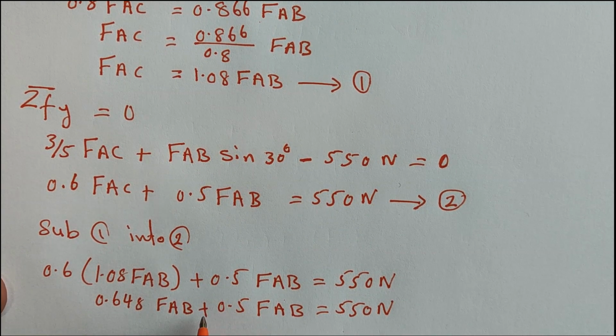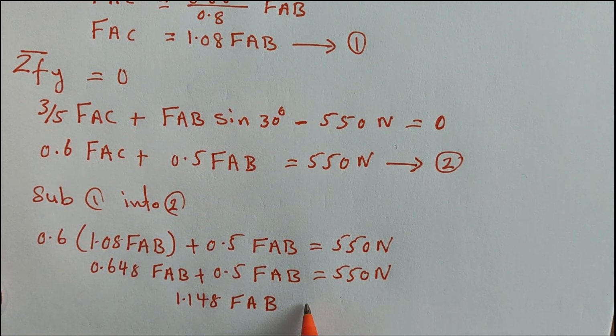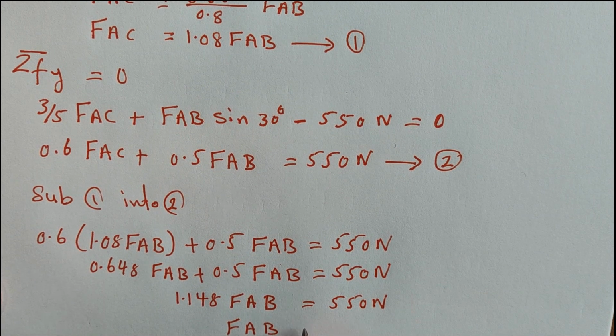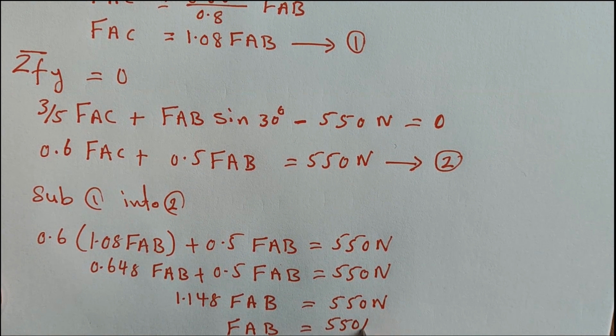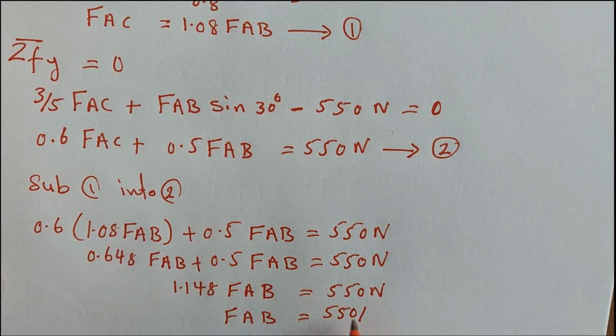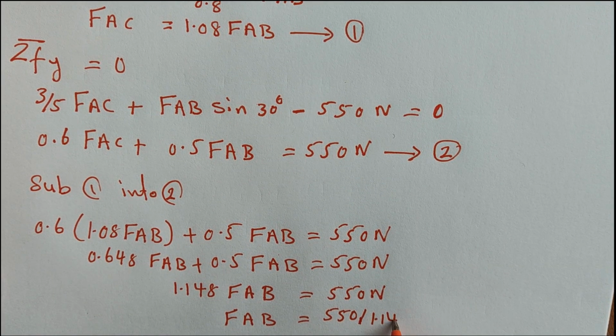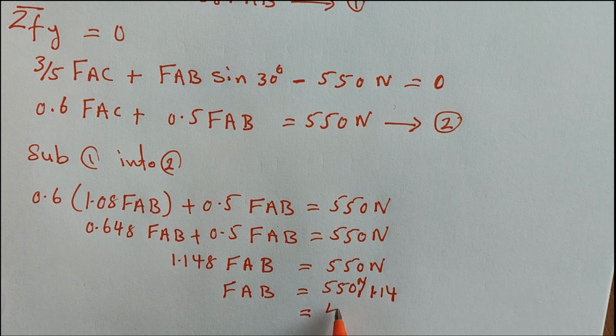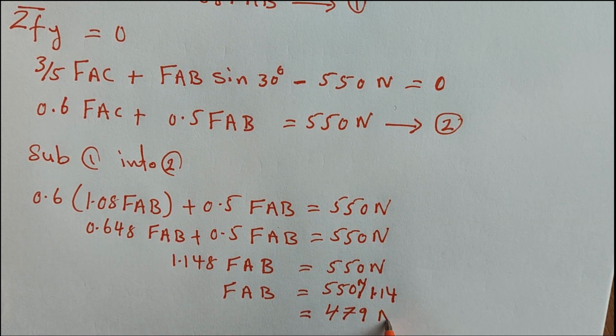Adding these together gives 1.148 FAB equal to 550 Newton. Solving, FAB equals 550 Newton divided by 1.148, which in this case is 479 Newton. Let's number this as number 3.